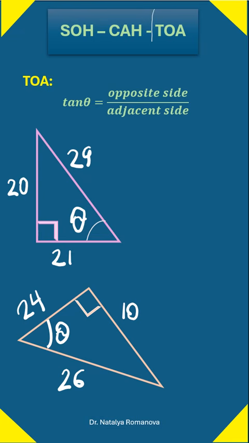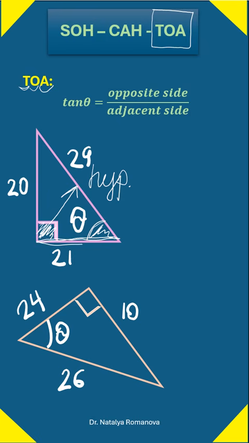The part TOA gives us tangent. Tangent equals opposite side over adjacent side. Absolutely the same plan. The first step, take the right angle, find the hypotenuse. The side opposite the right angle is H, the hypotenuse. Then the given angle has a common part with the side equal to 21.